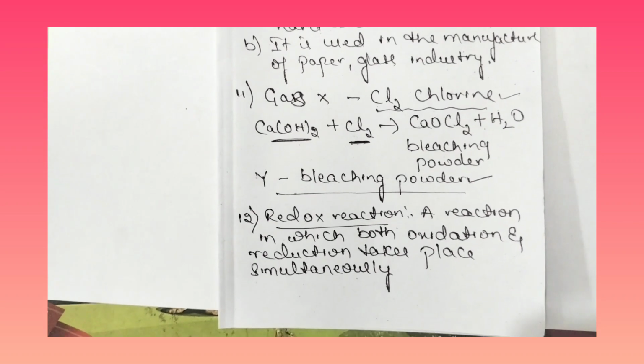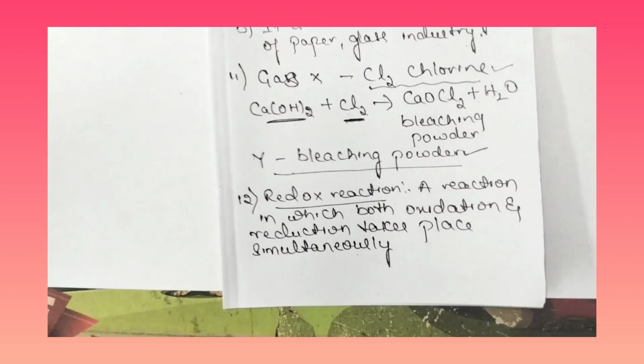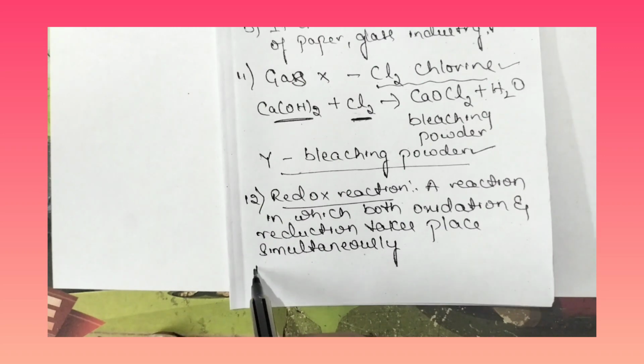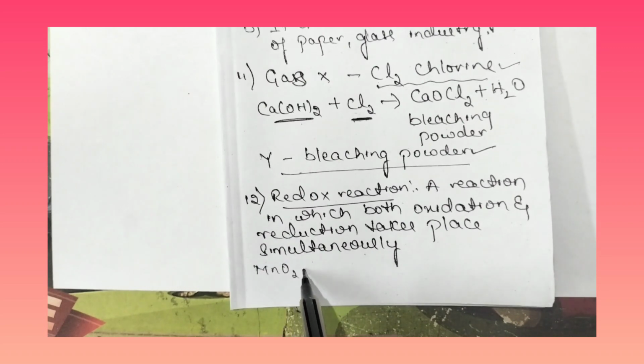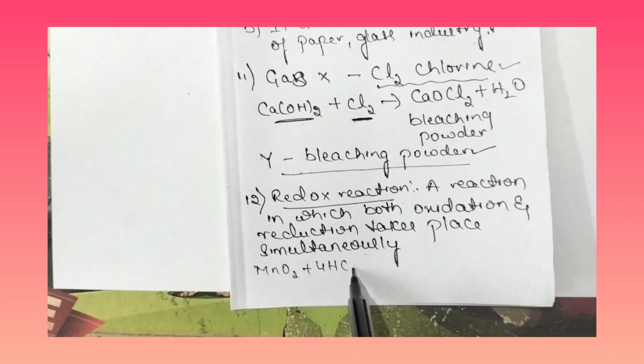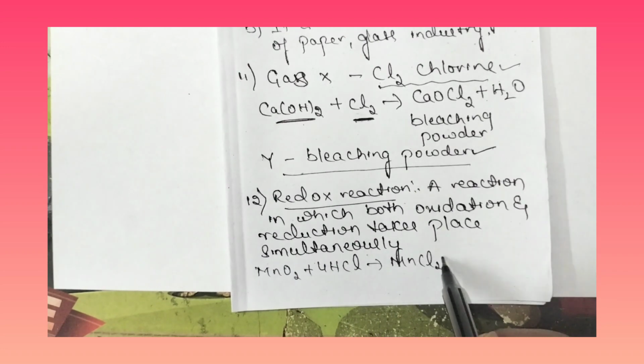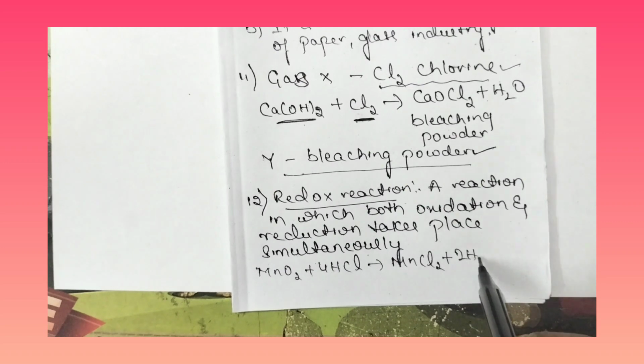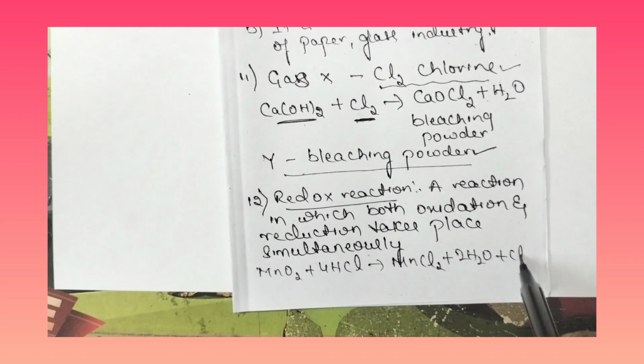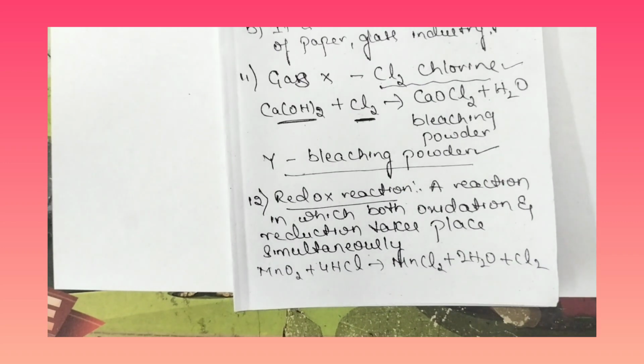In that one only they have given MnO2 plus, let us write that equation. MnO2 plus 4HCl give rise to MnCl2 plus 2H2O plus Cl2. So here in this question, identify the reduced and the oxidized substance.